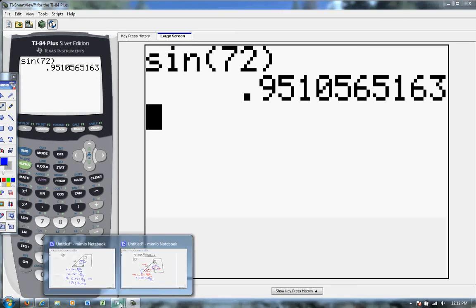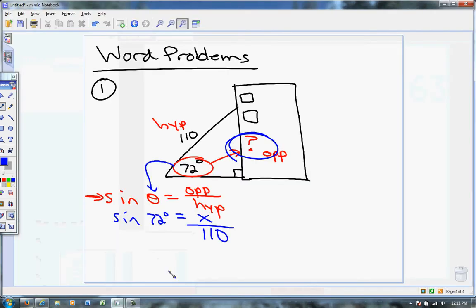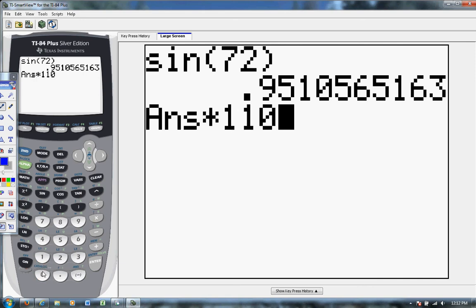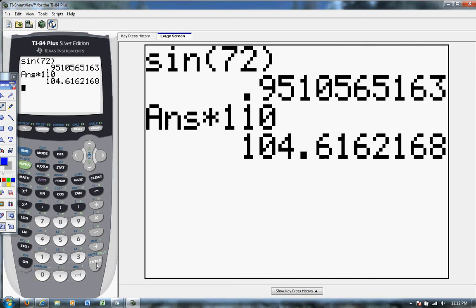So now in my problem, I know that this is 0.951 equals x over 110. And then I just multiply by 110. So I'm going to multiply this side by 110, this side by 110. Use my calculator. So I will use my answer button and 110 to multiply, and I get 104.6.